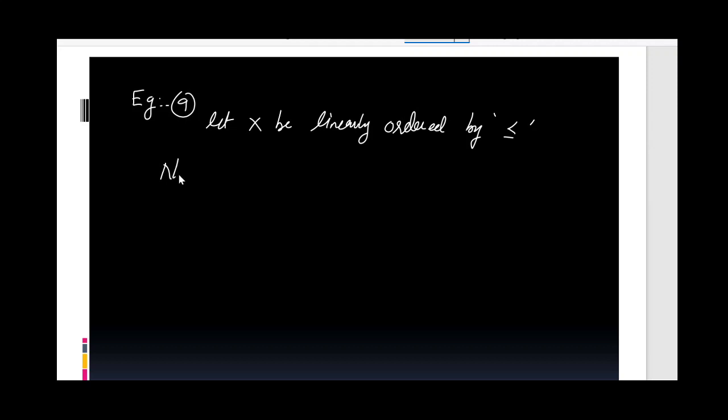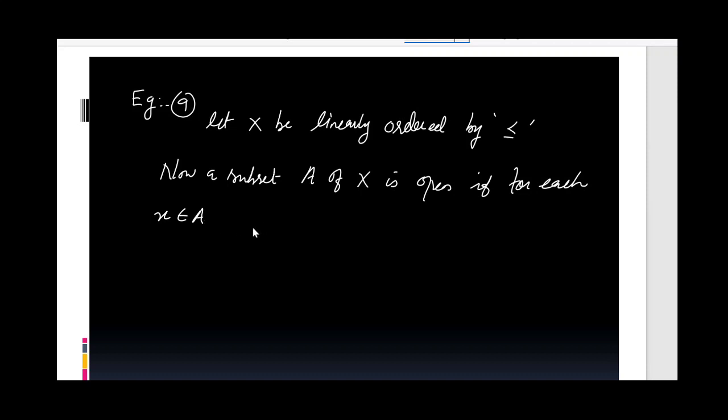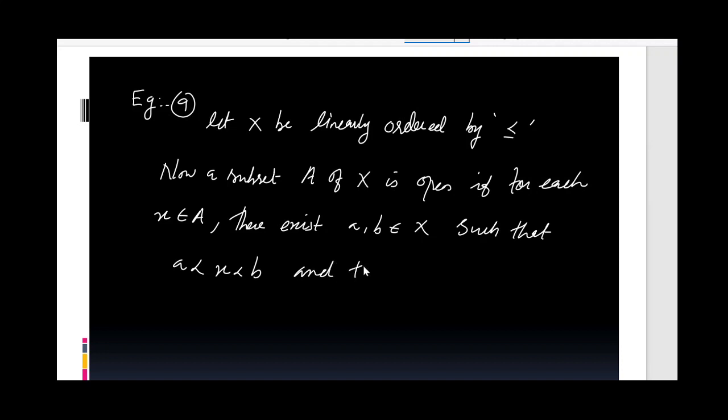Now a subset A of X is open if for each x belongs to A, there exist a, b belonging to X such that a less than x less than b and the interval (a, b) is contained in A.